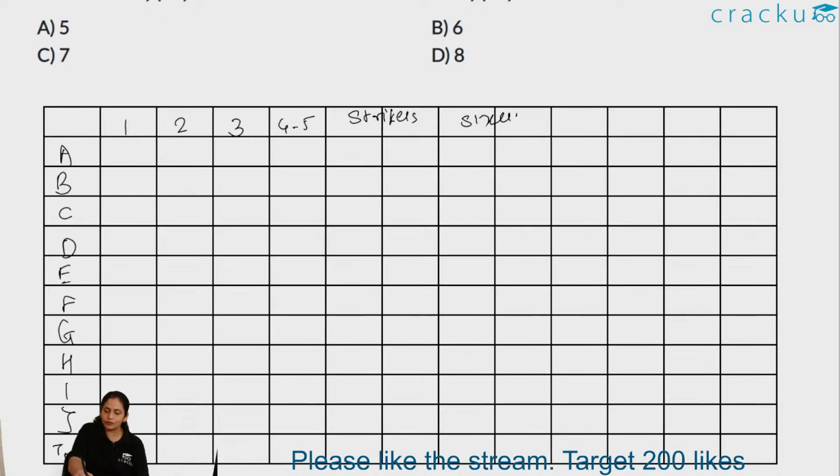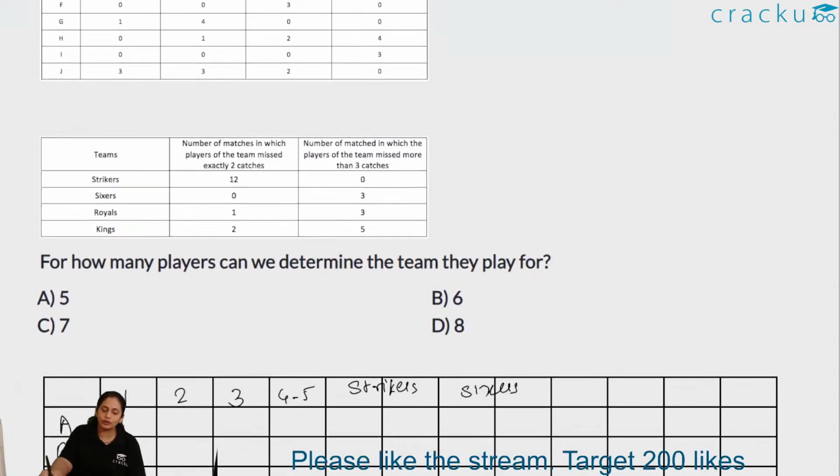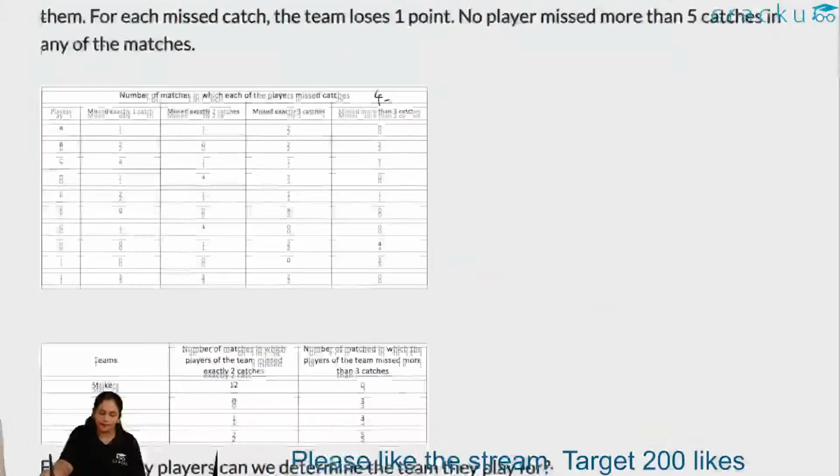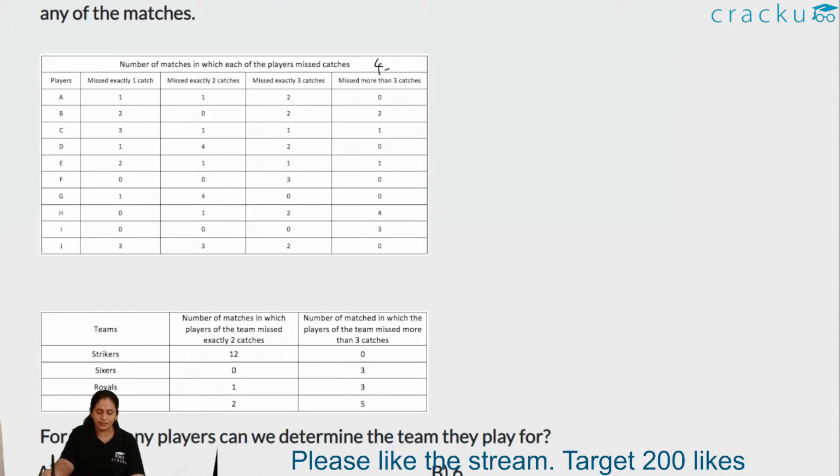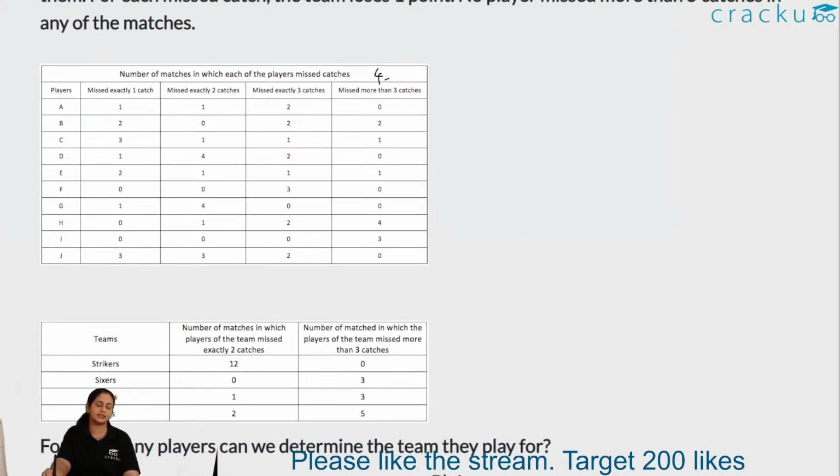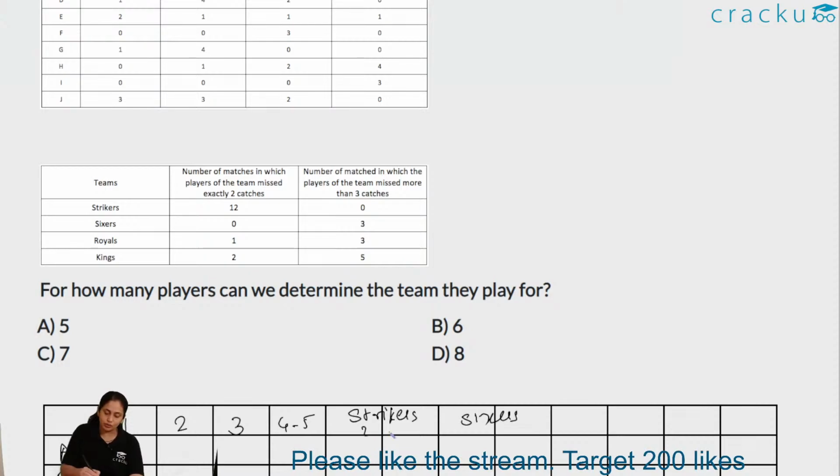Why do I have 2 columns? Because essentially I am showing both the figures that are there. For Strikers, I have two figures: the number of matches in which they dropped 2 catches and the number in which they dropped 3 catches. So this is 2, this is 3, this is 2, this is 3. The next one is Royals, again 2 and 3, and the last one is Kings, and again 2 and 3.